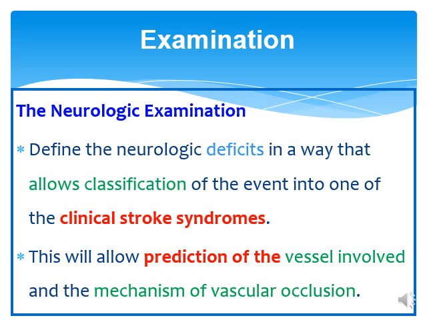So this will differentiate carotid transient ischemic attack from vertebrobasilar transient ischemic attack, and can also give you an idea about the localization of the disease.